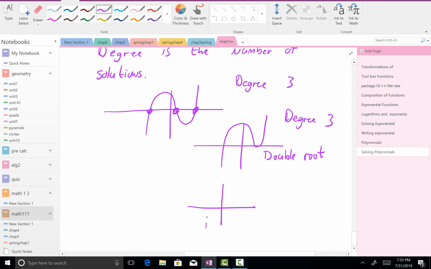You also told me that we can only have 1 x-intercept. How many solutions does this have? It has 3, right? Well, this one's a real solution. What do the other 2 have to be then? Imaginary. So that's the big picture here. It goes back to the very beginning of what we did.